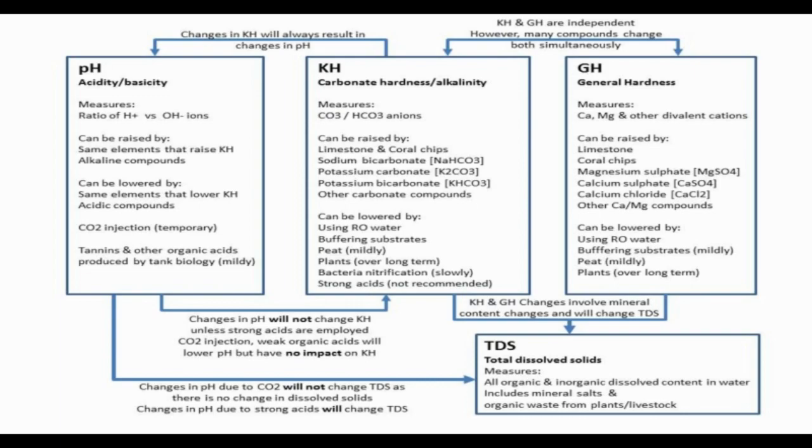If you're going to constantly throw coral chips in your water to raise the GH, and then get your KH up there with baking soda or peat moss or plants or whatever, up to the pH that your fish accept, it's a recipe for disaster, man. It's not gonna work.